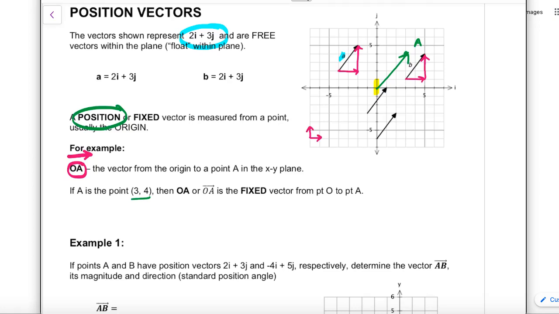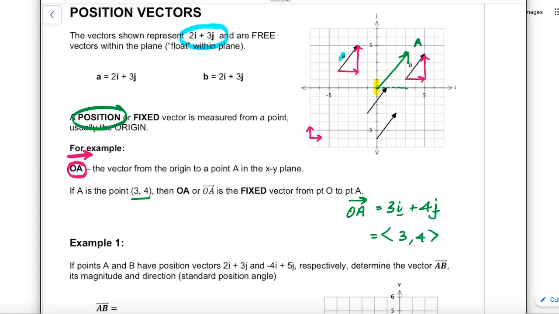And we can write that in component form as 3i plus 4j. We could also write it as the ordered pair 3, 4. But that is the point A from the origin, a position vector.